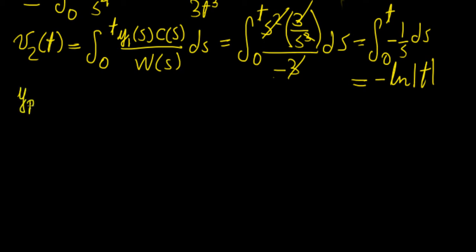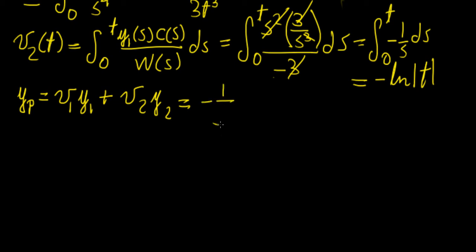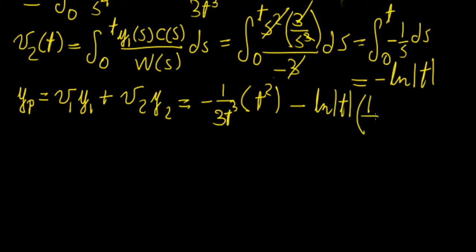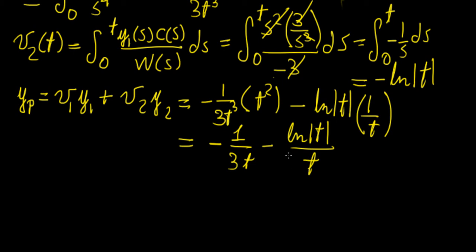So the non-homogeneous solution to this is going to be v1 times y1 plus v2 times y2, and in this case we have minus 1 over 3t cubed times t squared, minus, so remember we have a minus here, so this is going to be minus ln t times y2, which is 1 over t. So we can simplify this further. This becomes minus 1 over 3t minus ln t over t. So that's the non-homogeneous solution.